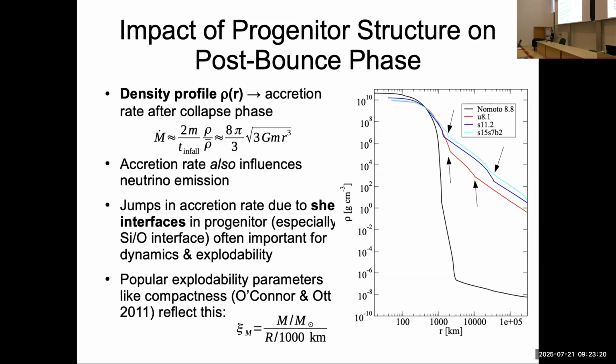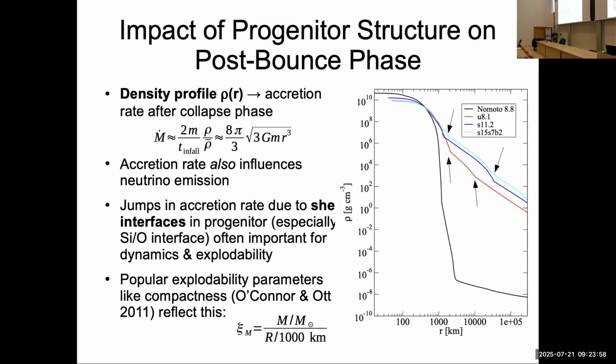Also some of the criteria that have been formulated based on phenomenological models, as well as more complex multidimensional models, or at least gauged within those complex models, like the compactness parameter by O'Connor and Ott, or the Garching criterion, the Ertl criterion with these parameters for the size of the silicon-oxygen core, effectively, and for the density outside of this silicon-oxygen shell interface.